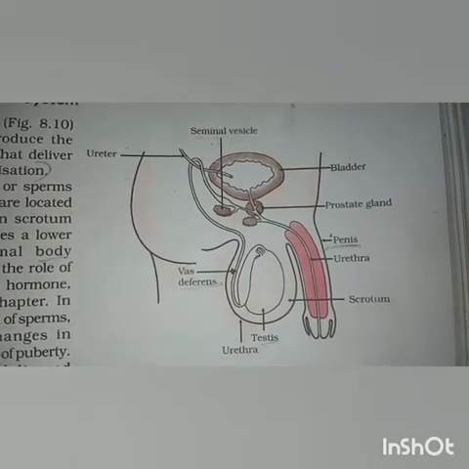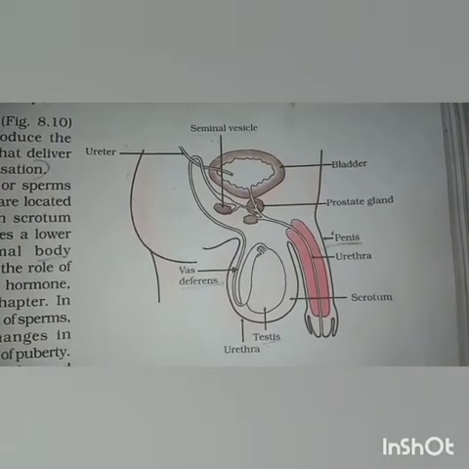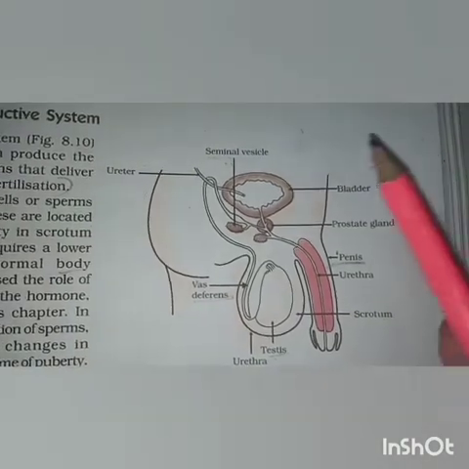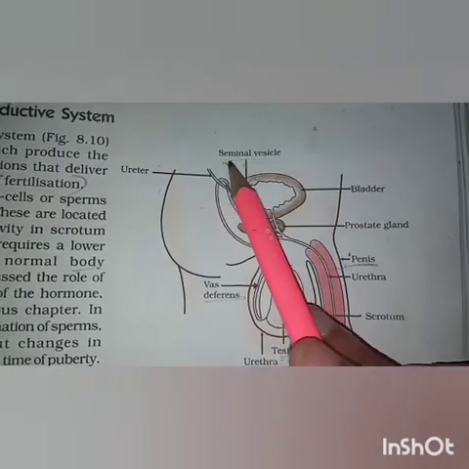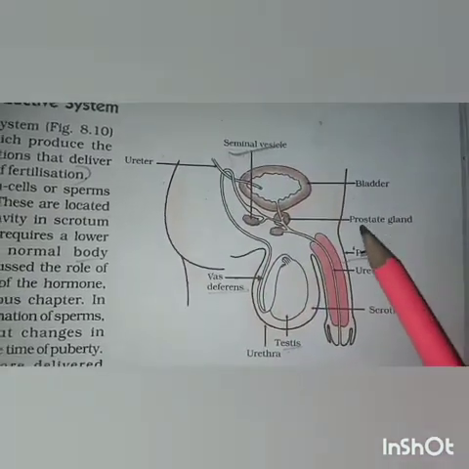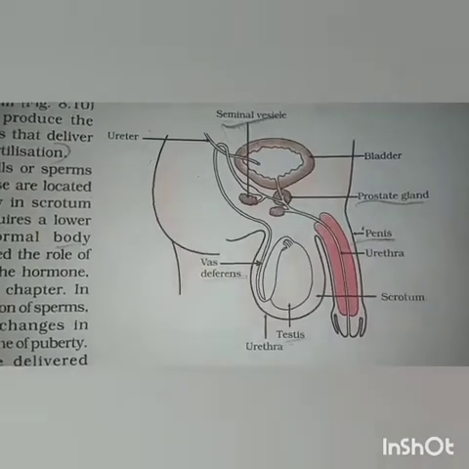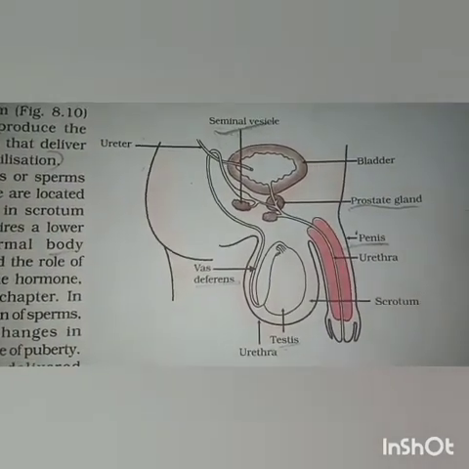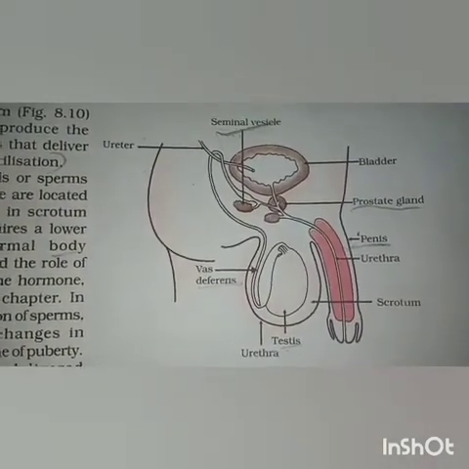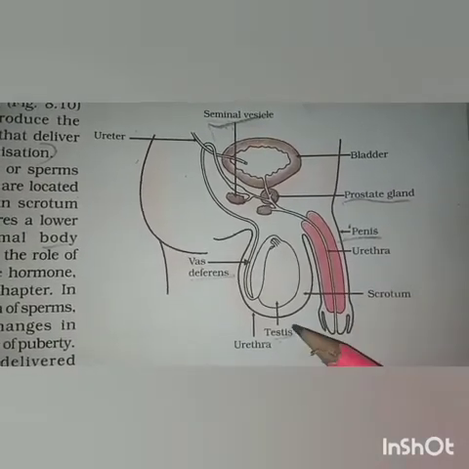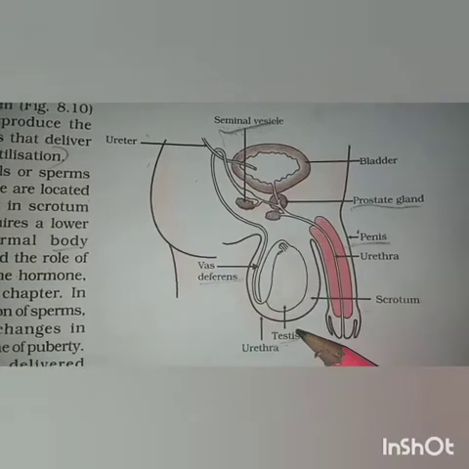And also some glands are associated with this male reproductive system. They are the seminal vesicle and prostate gland. And you know the male gamete is called sperm. So these sperms are produced inside the testis.